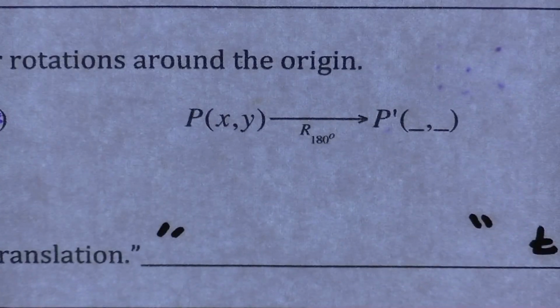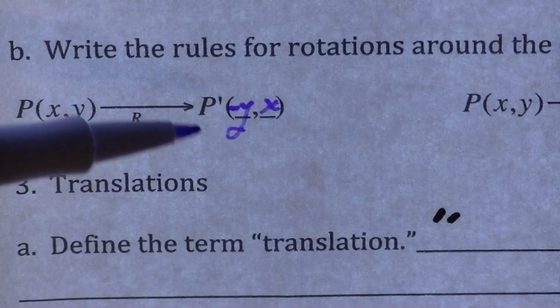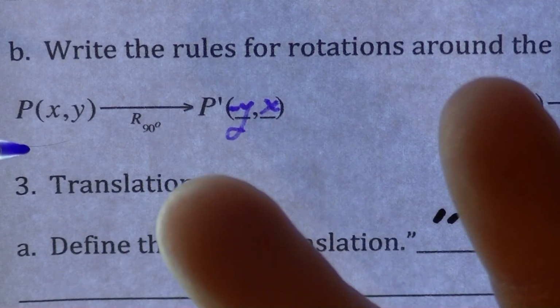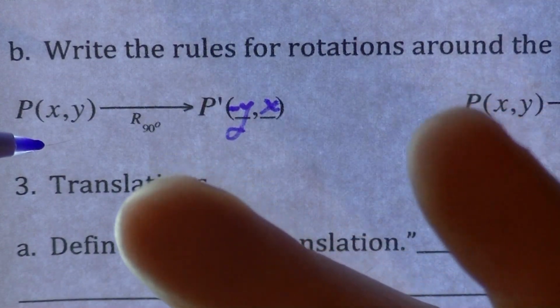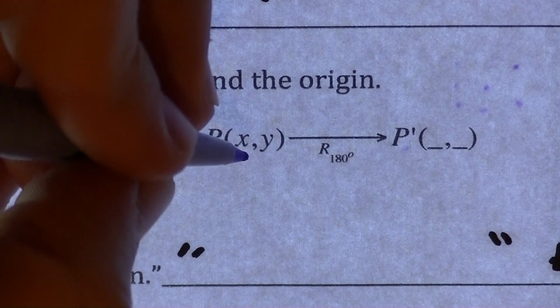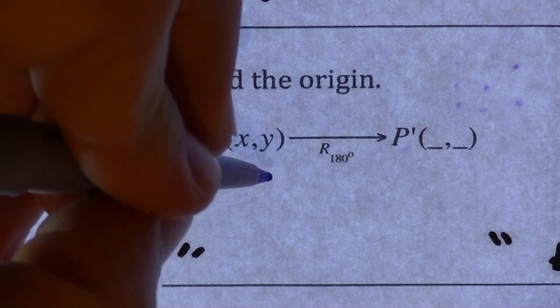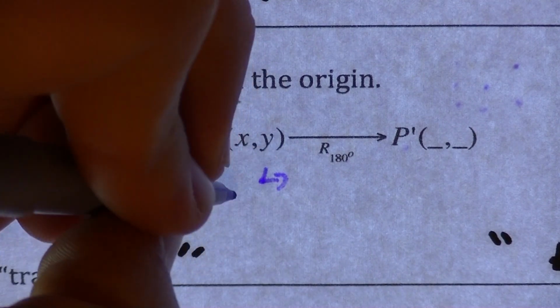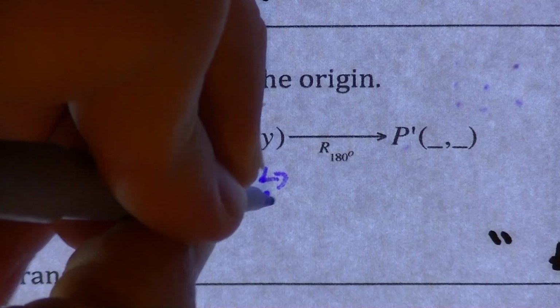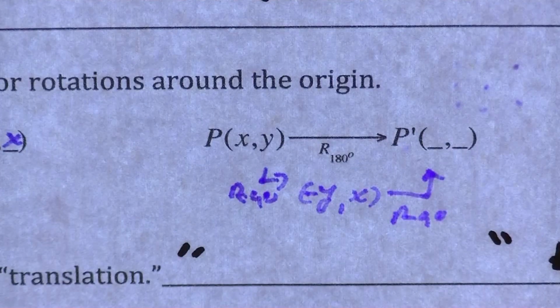Next, what about a rotation of 180 degrees? Well, for 90, I took them, flipped, and then changed the sign of my new x coordinate. So I can think of it as halfway there: rotating 90 degrees gets me to (negative y, x), and I have to do 90 more degrees.